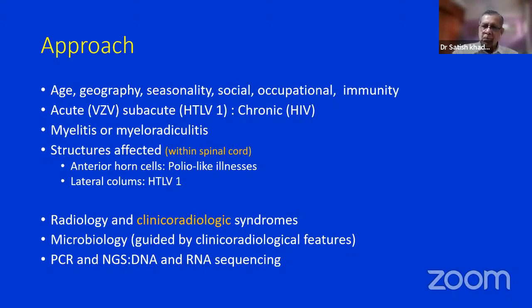There are primarily two ways: one is to look for evidence of the organism with standard microbiological techniques, and the other is to look for evidence that the microbe was or is there by PCR and next-generation sequencing, using DNA and RNA sequencing in various ways. So the approach as usual is clinical, then clinico-radiological, then clinico-radiologic and microbiological, and finally molecular genetics.